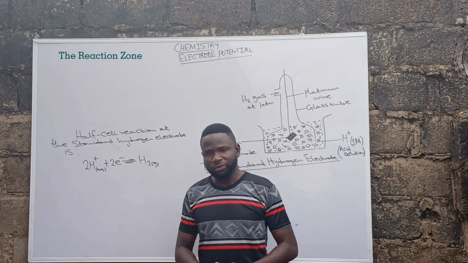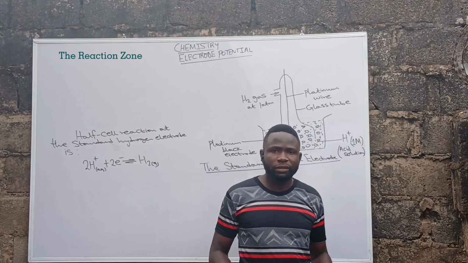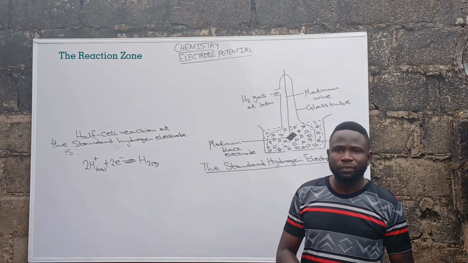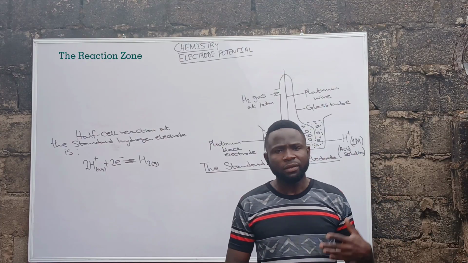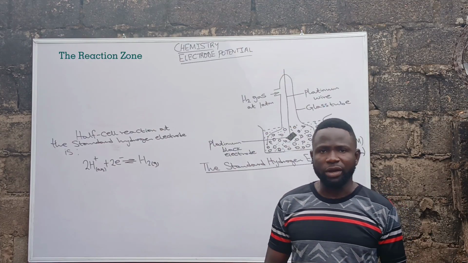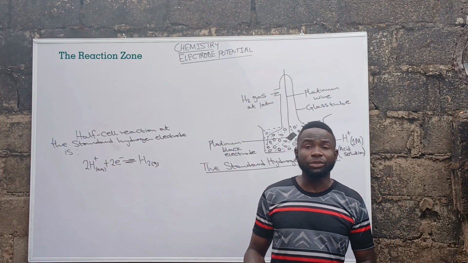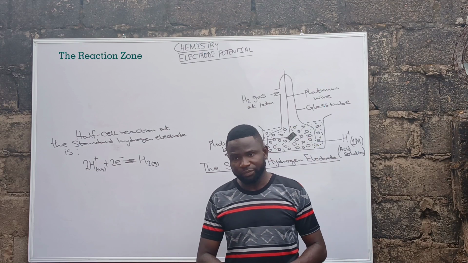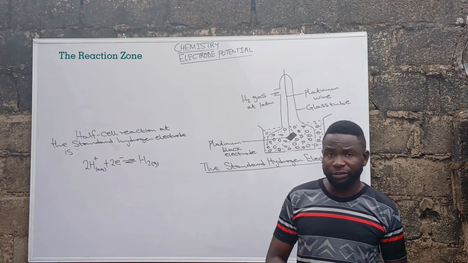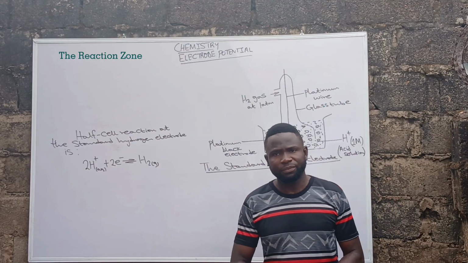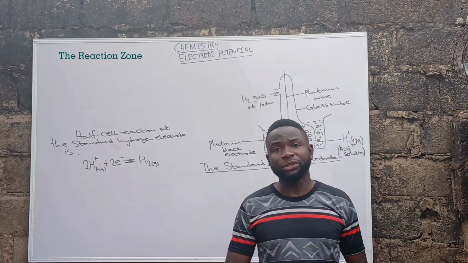Take for example zinc. When zinc comes in contact with a solution that contains zinc ions, the zinc metal acquires a negative charge with respect to the solution. This potential difference between a zinc metal or zinc rod and the solution is called the electrode potential of zinc.